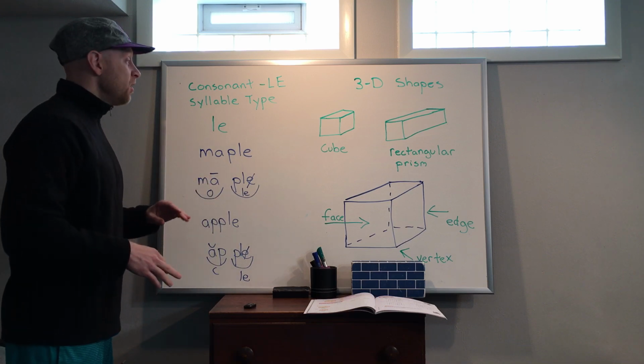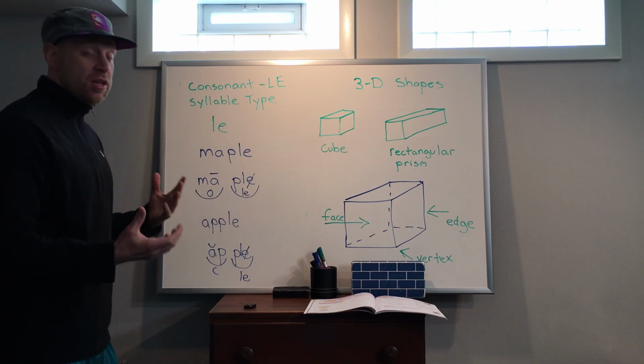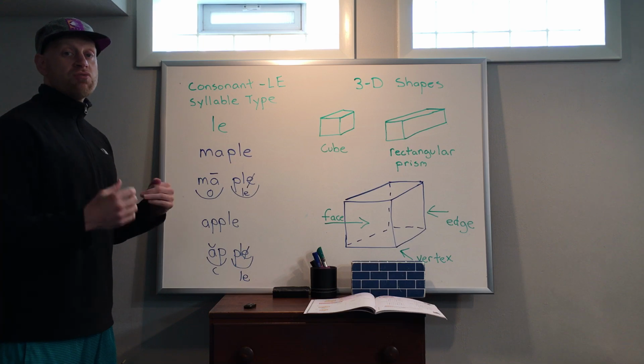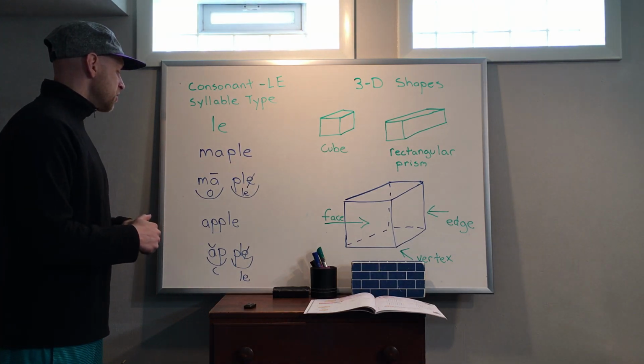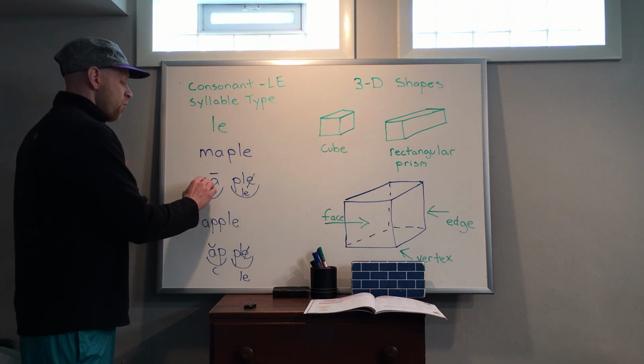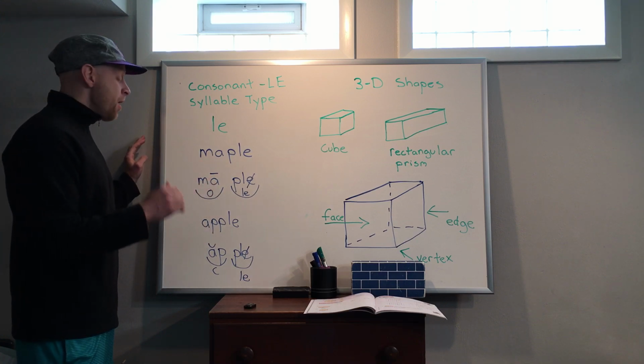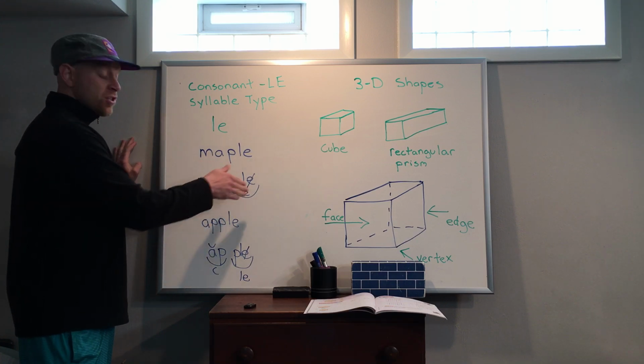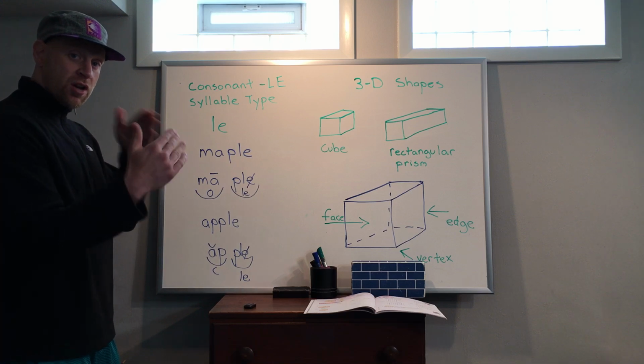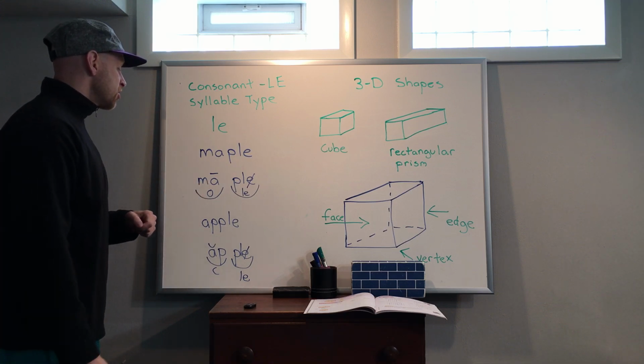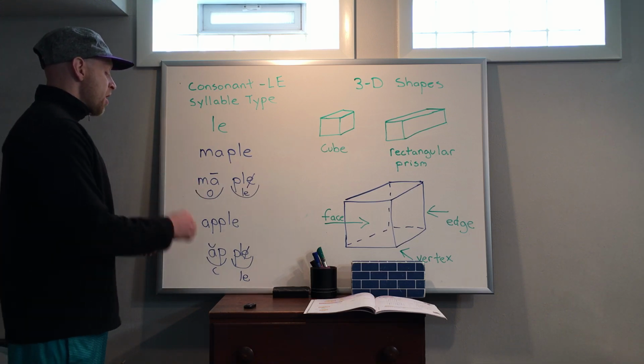Now, the consonant LE syllable can go in words with different syllable types. So in this case, we have the long A, may, because it's not blocked off by a consonant after we split the two syllables. So we give it a macron.